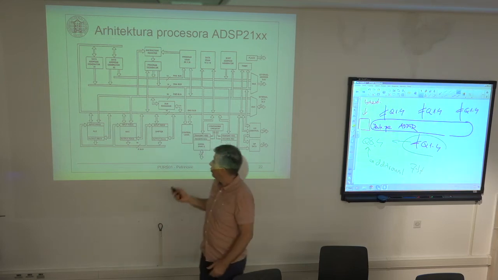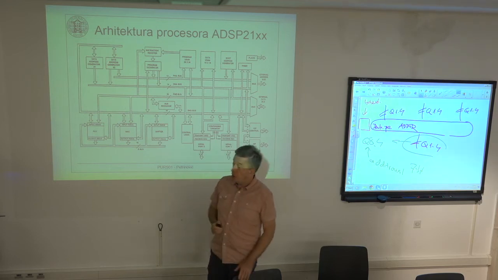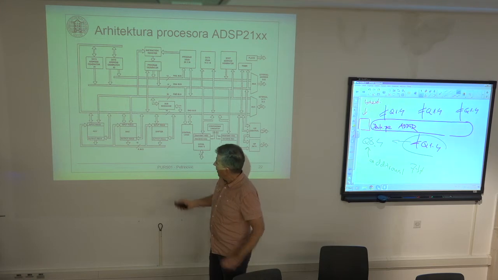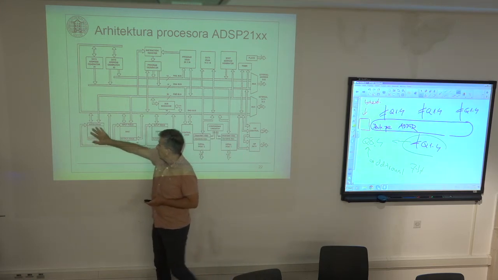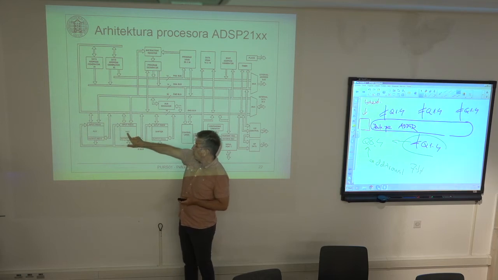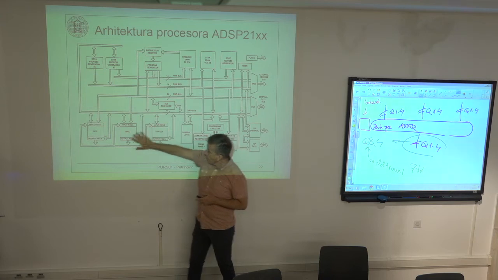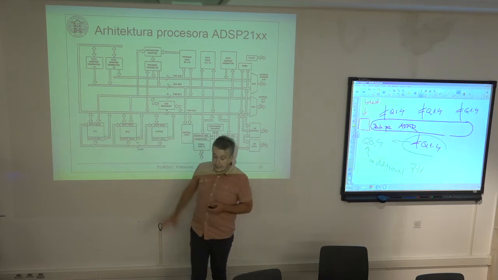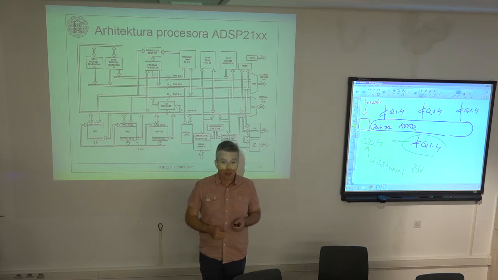They are dedicated to generating the address of the operand. So these are address generators. These three execution units are the ALU, arithmetic logic unit, the MAC, multiply accumulate unit, and the shifter unit. So these are actually dedicated to executing the instruction.